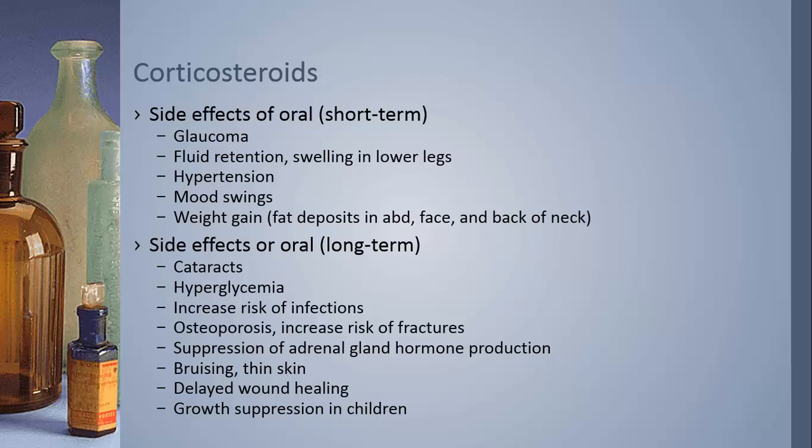Alright, so this is broken down in your book for short-term and long-term side effects. So this is if they were taking oral corticosteroids for a short term. They've got glaucoma, fluid retention, swelling in their lower legs, hypertension, mood swings, weight gain, which would be fat deposits in the abdomen, face, and the back of the neck.